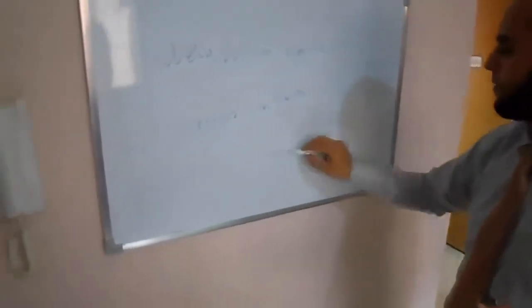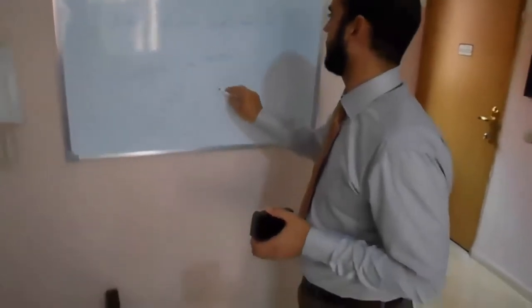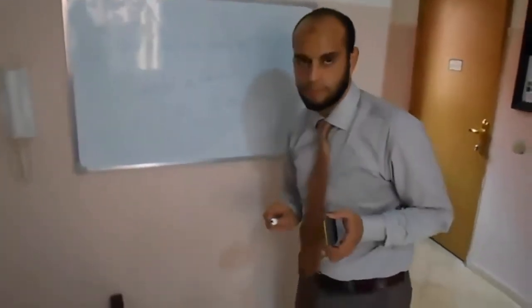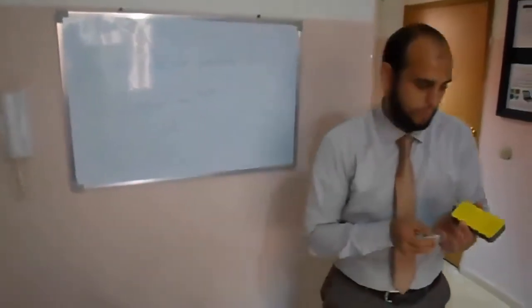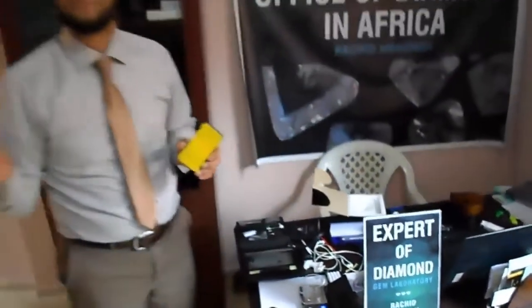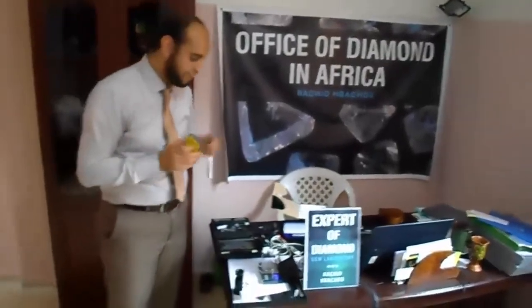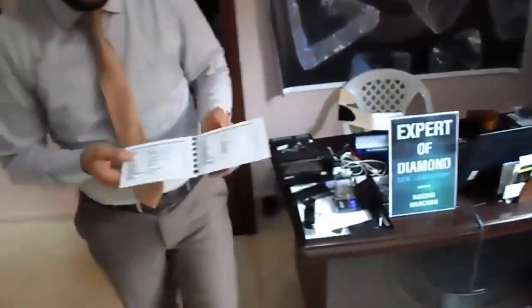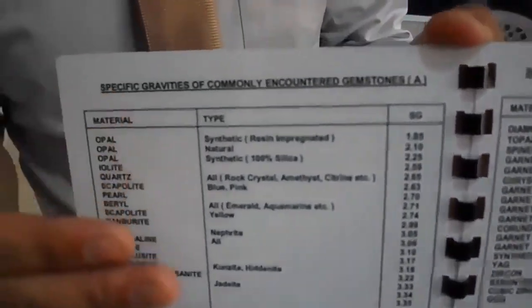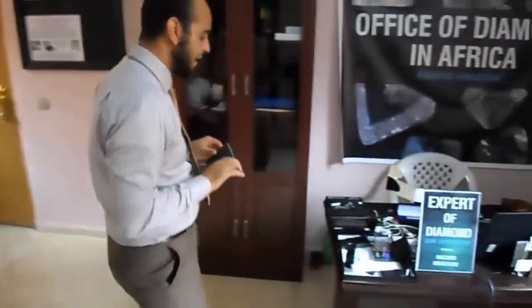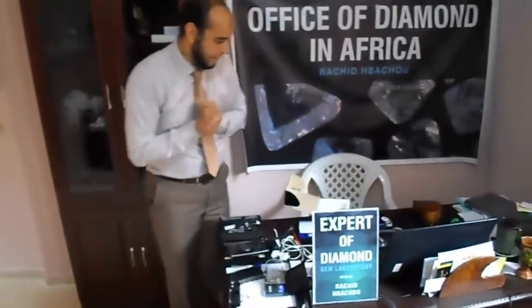So the weight in the air, divided by the weight in the water, and we get specific gravity. We have this book where you can find the specific gravity of many minerals or gemstones, and we compare the value that we get with this value, and then you can make classification of the mineral.